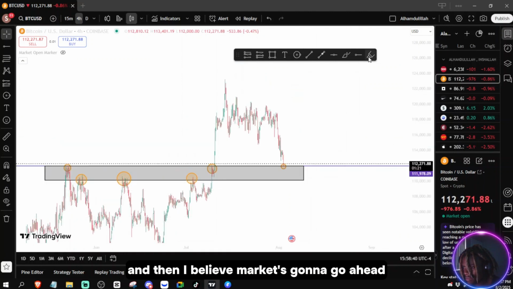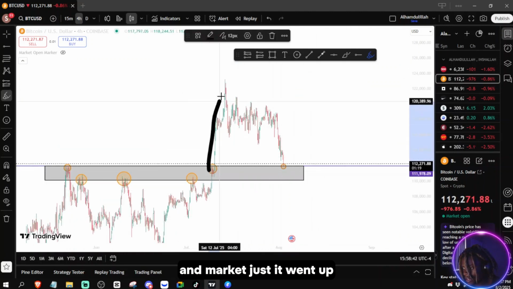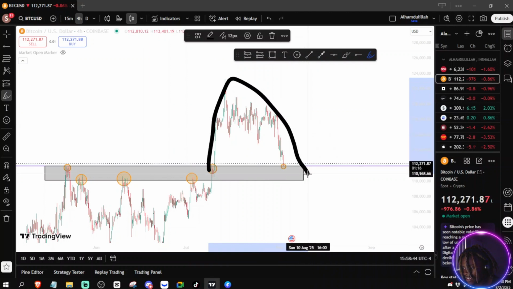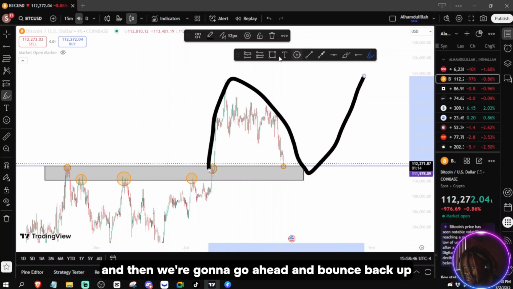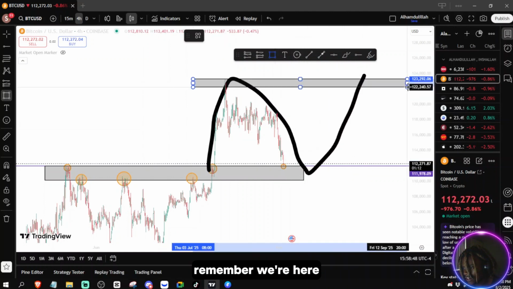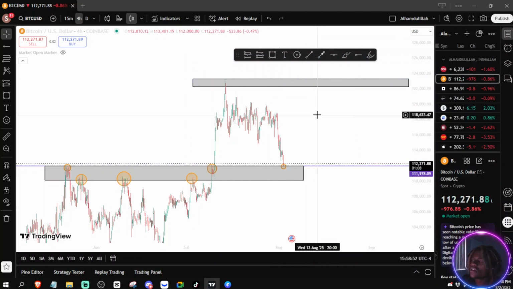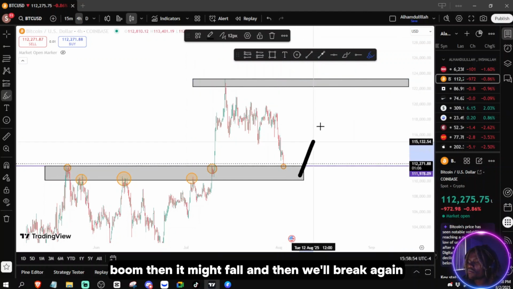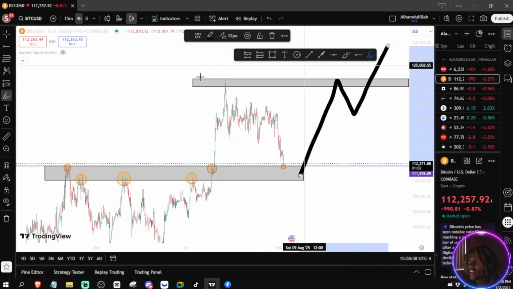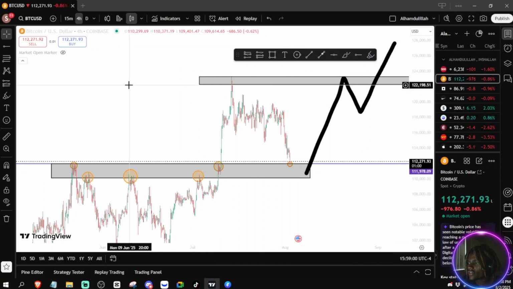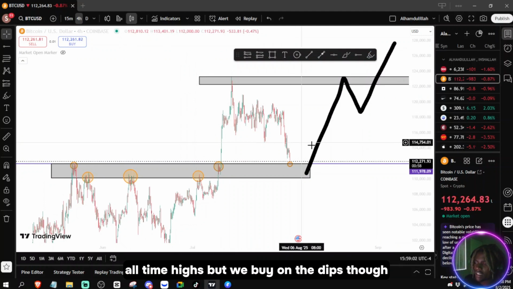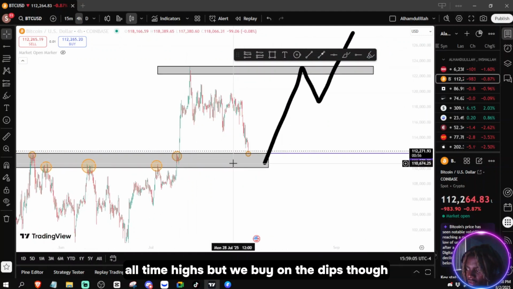Then the market went up, fell down, and we're going to bounce back up. Remember, we're here. Boom, and then it might fall, and then we'll break again. All-time highs, but we buy on the dips though.